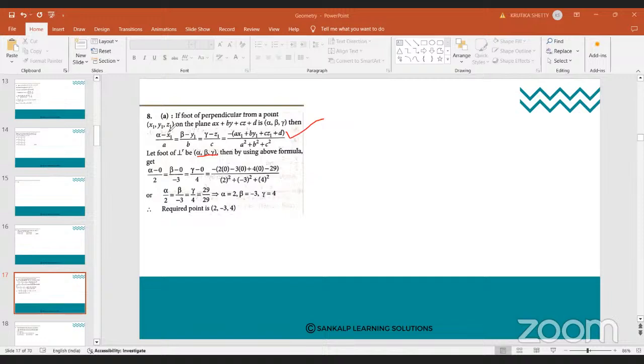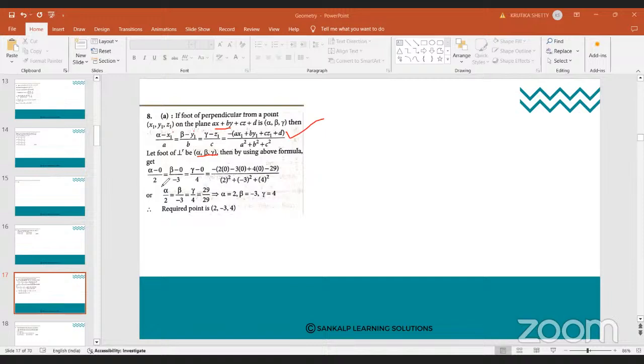Coordinates of the origin are (0, 0, 0). So in place of x1, y1 and z1, we are replacing them by 0, 0 and 0, and a, b, c, d we are replacing by the plane's coefficients.